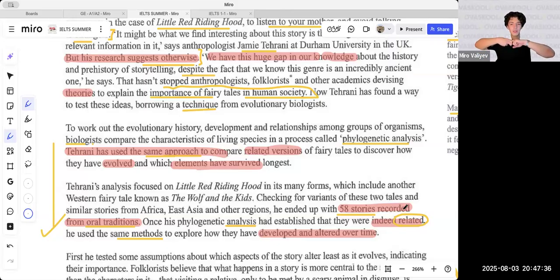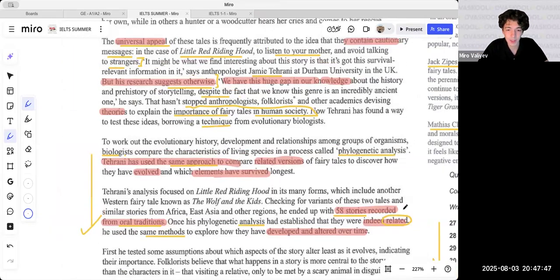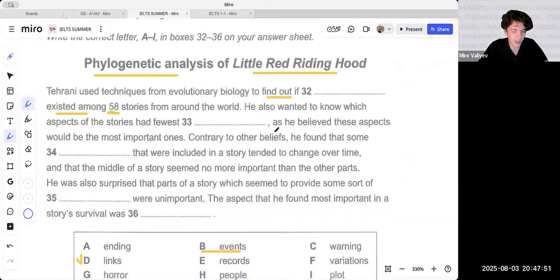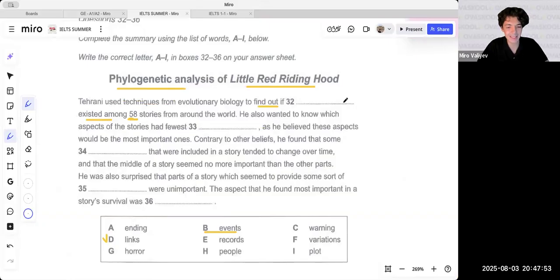You have this biological blood connection to the relatives, so you are related to them. Here's the same, right? And he wanted to check if there were any links among those stories. Were they actually related to each other? So we put D. Okay.